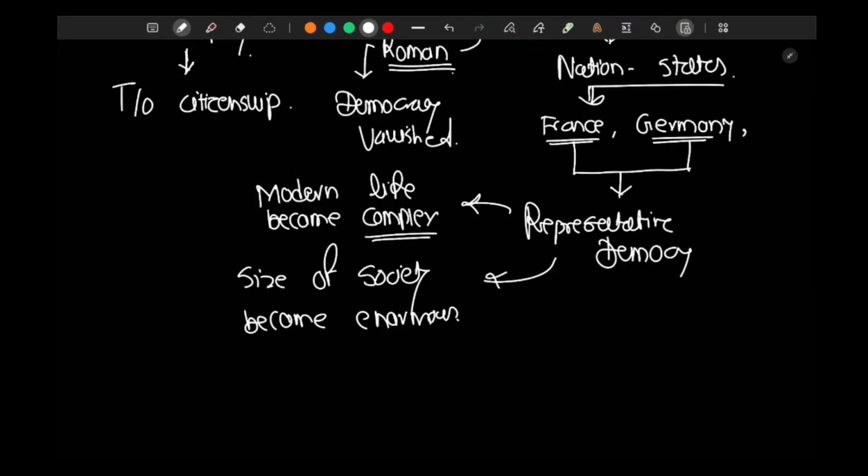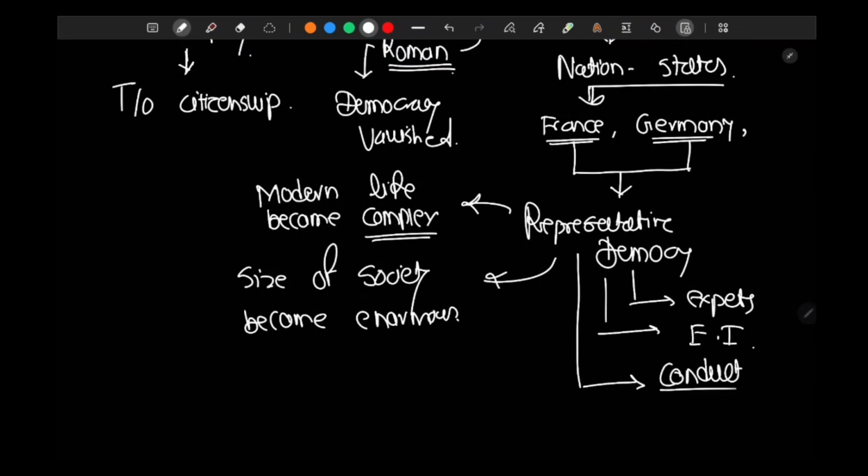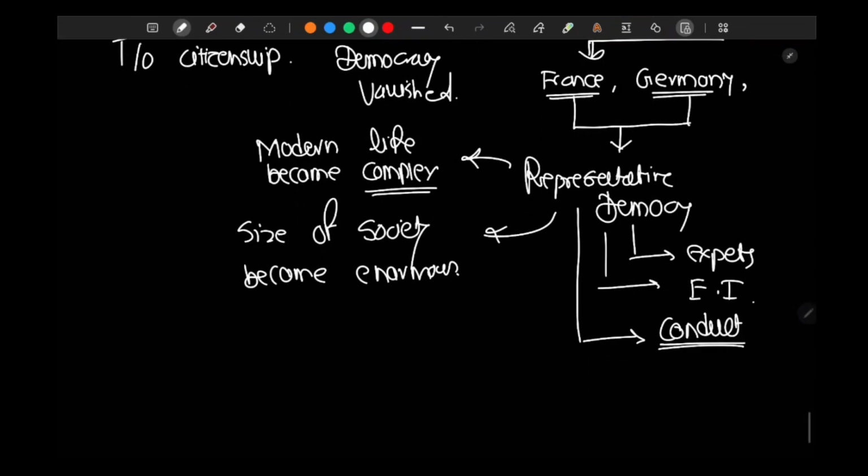Wars were happening, rapid industrialization was happening. In this situation you cannot stick to the participation of people. You need representatives who are experts, who are highly emotionally intelligent, and who will conduct government keeping people in mind.